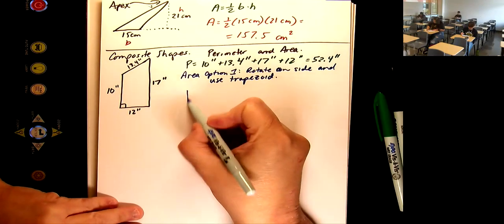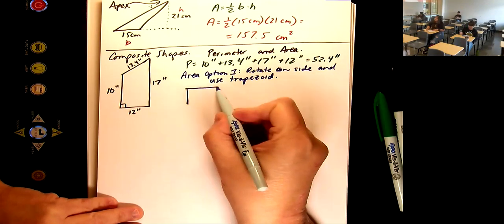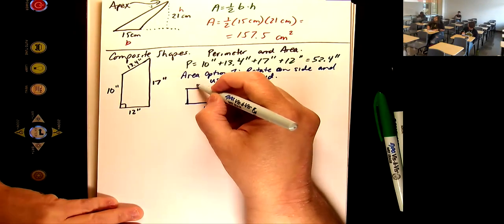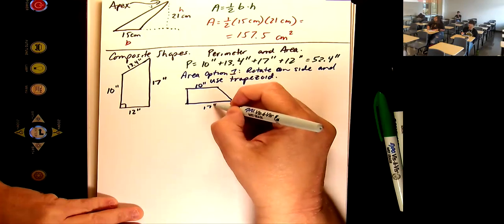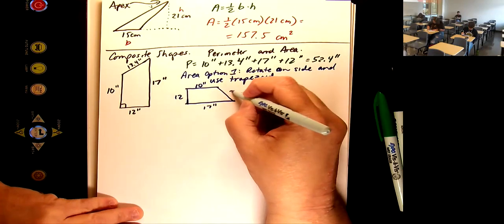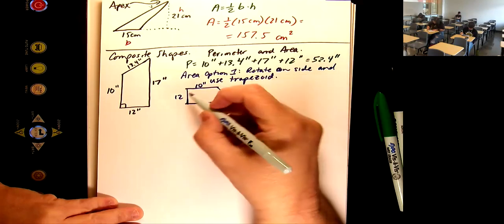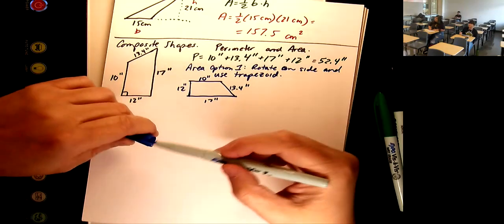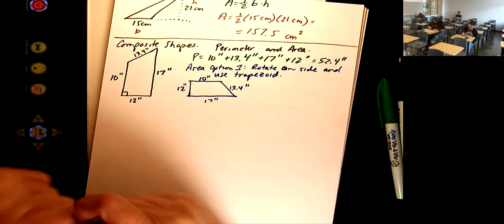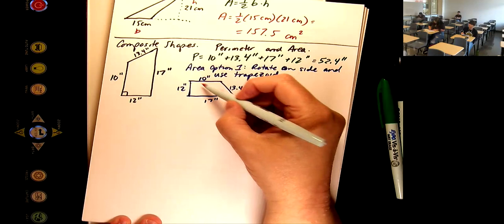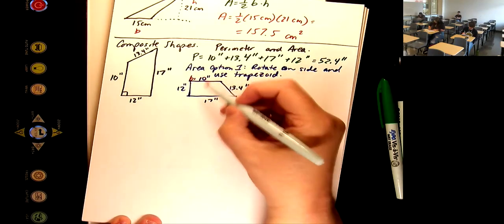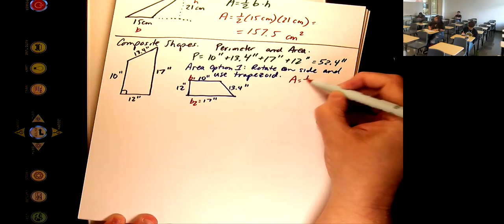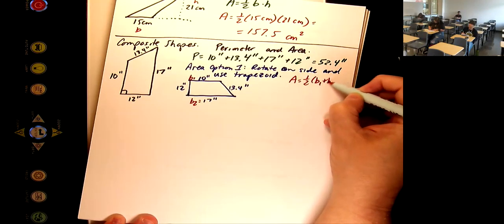So I'm going to redraw the image. And I can see that my 2 parallel ones are the 10 and the 17. So I call this one B1 and this B2. Recall this is 1/2 B1 plus B2 times H.